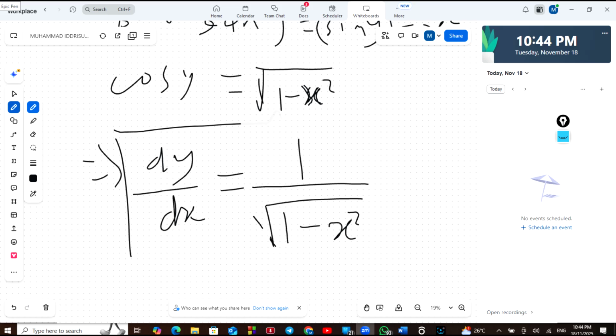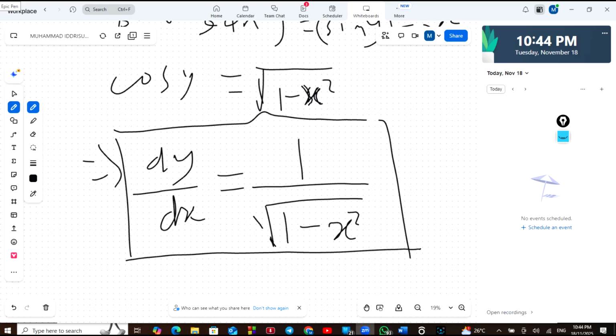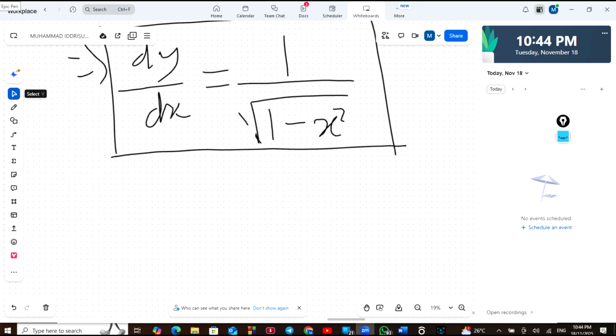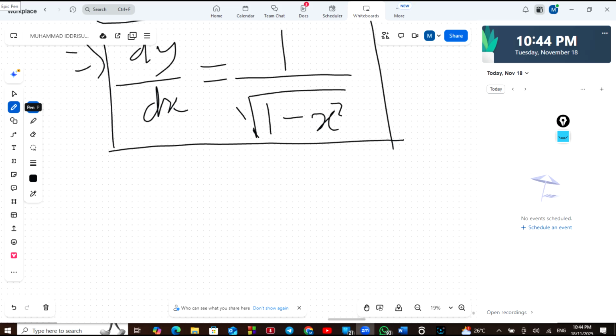And this is the derivative of sine inverse of x.